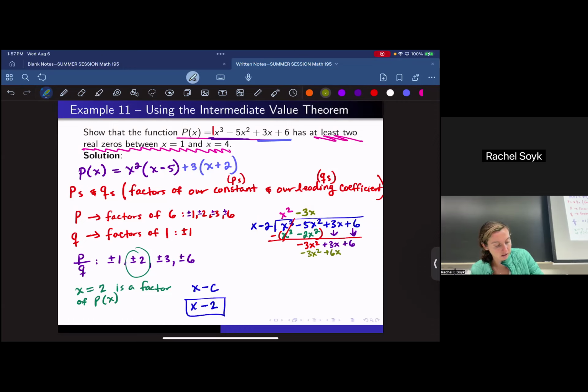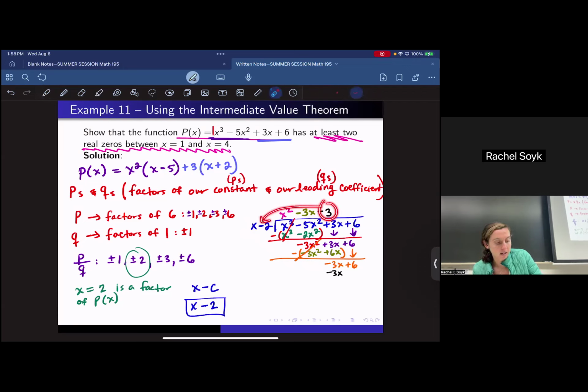And so what we have in this dark yellow, we're subtracting so that these two cancel out. 3x minus 6x gives you negative 3x, and then we bring down the 6. Let's keep going. x times what gives you negative 3x? It's minus 3. Negative 3 times x gives you your negative 3x.